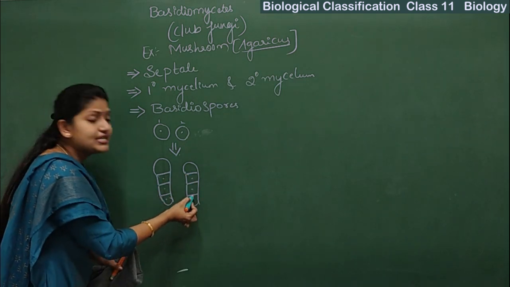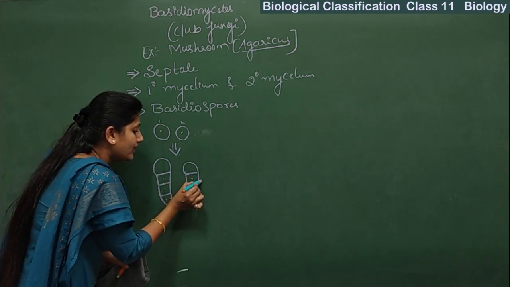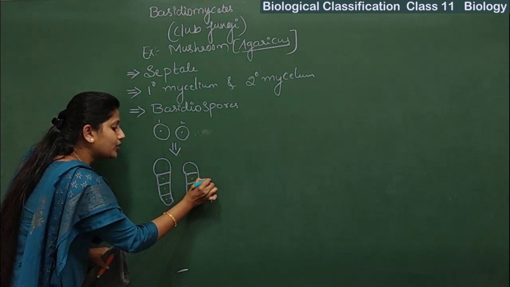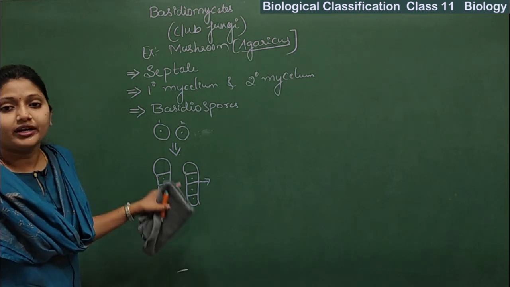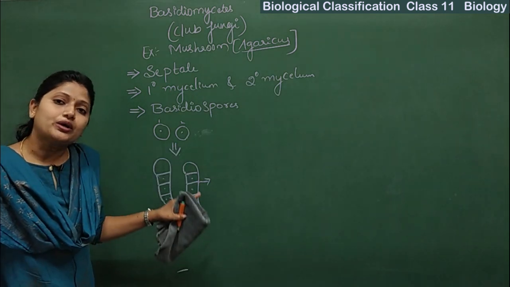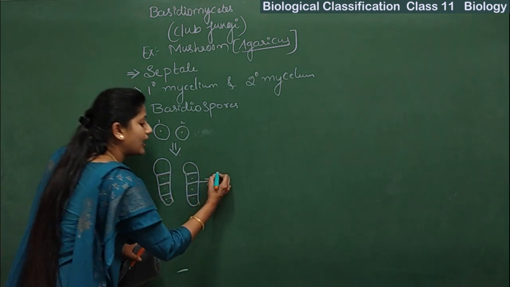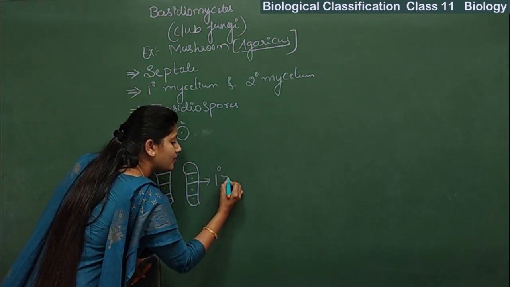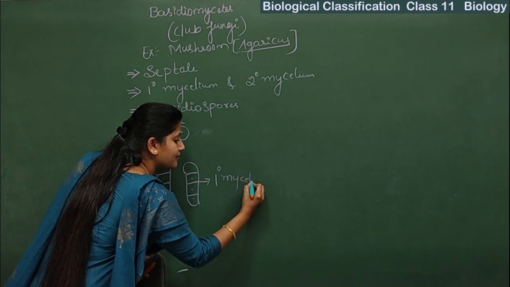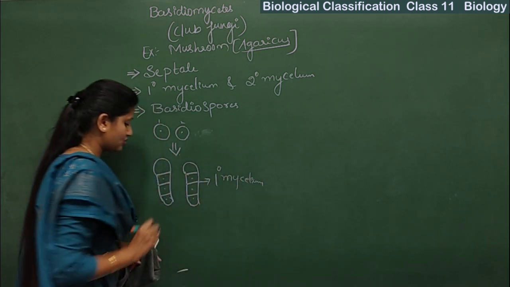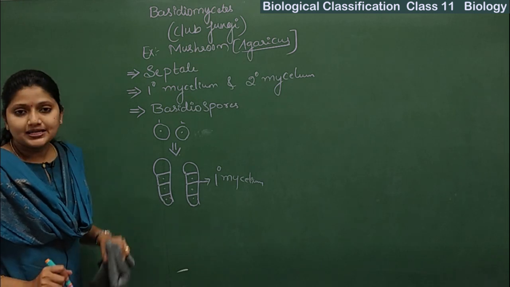So this is uninucleate. I repeat, the uninucleate mycelium which is septate is called the primary mycelium.